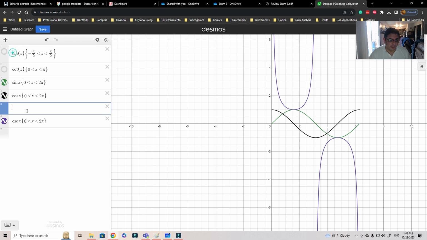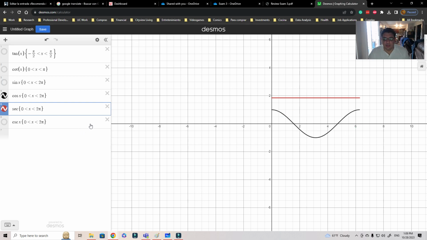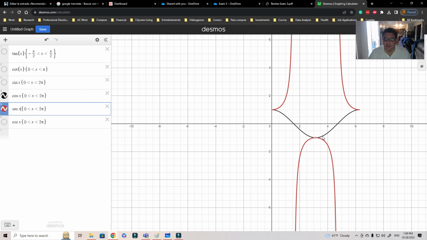A similar thing occurs with the cosine. With the cosine, we can establish the secant. So, secant of x. Now you can see how between 0 and 2 pi we completely cover one turnaround of the cosine, and you can see how the secant function is working in here.